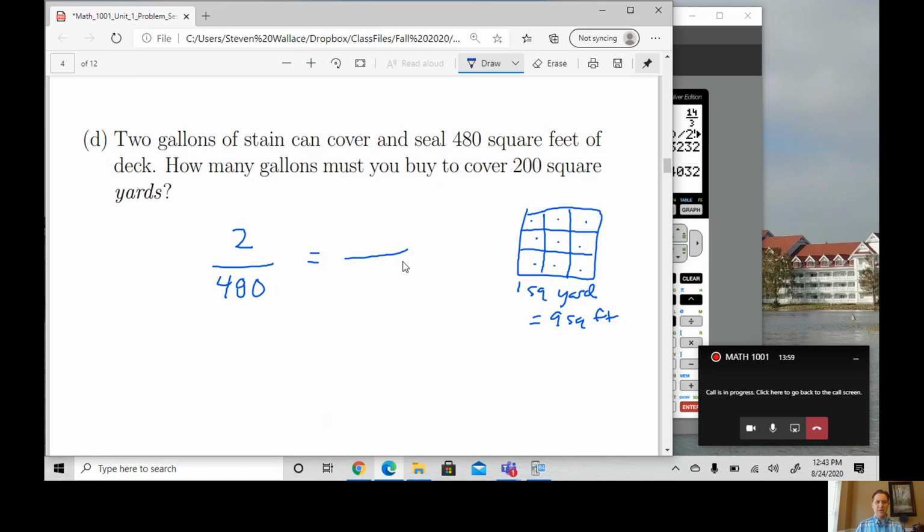So 9 square feet. So I'm going to do, since this is in feet, that's in gallons. I want to know how many gallons, we don't know right here, is to how many square feet. So 200 times 9 is 1,800.